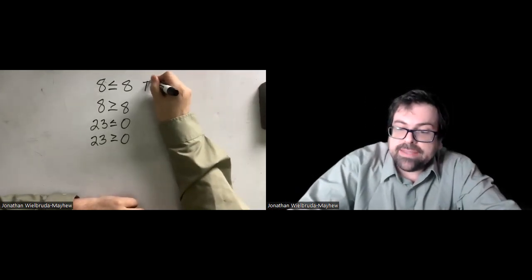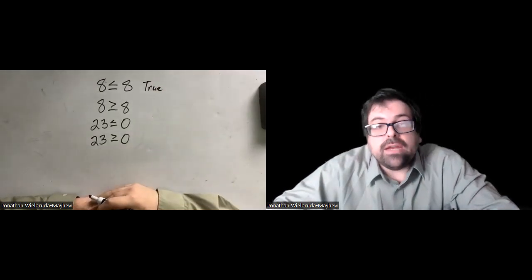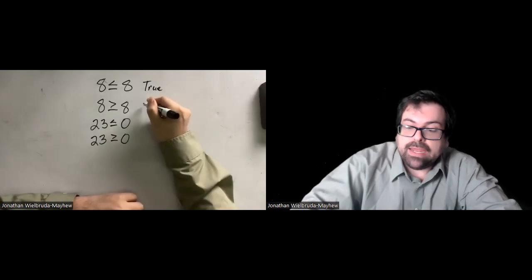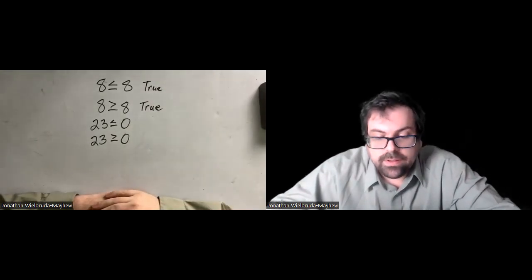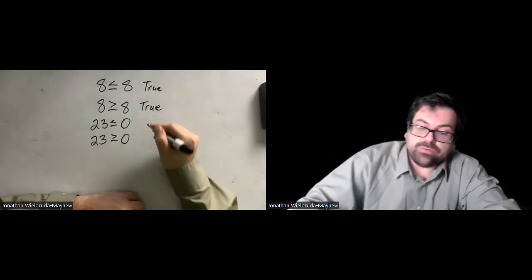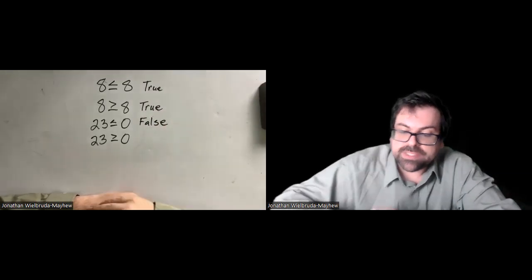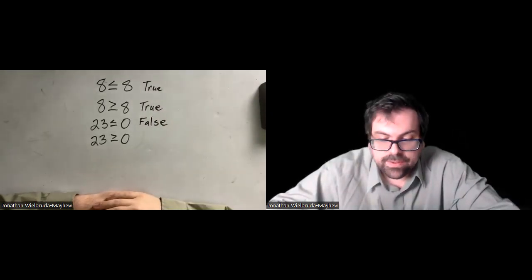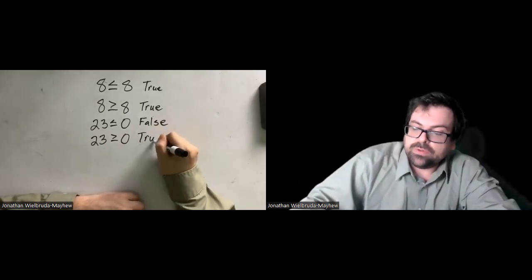Since 8 equals 8, this is true. And in fact, 8 greater than or equal to 8. 8 equals 8, so this one's true too. 23 is less than or equal to 0. Not true. 23 is greater than 0. False. Which means 23 greater than or equal to 0 would be true.